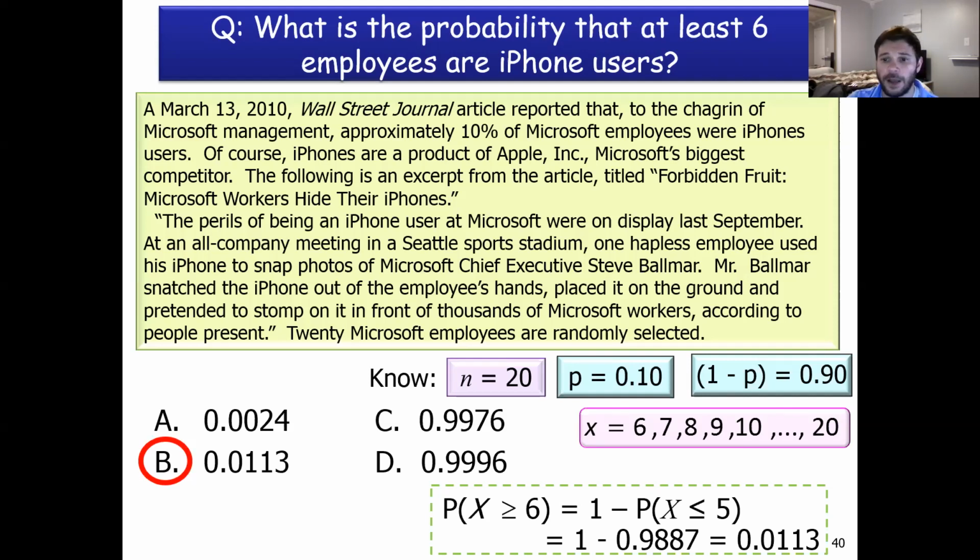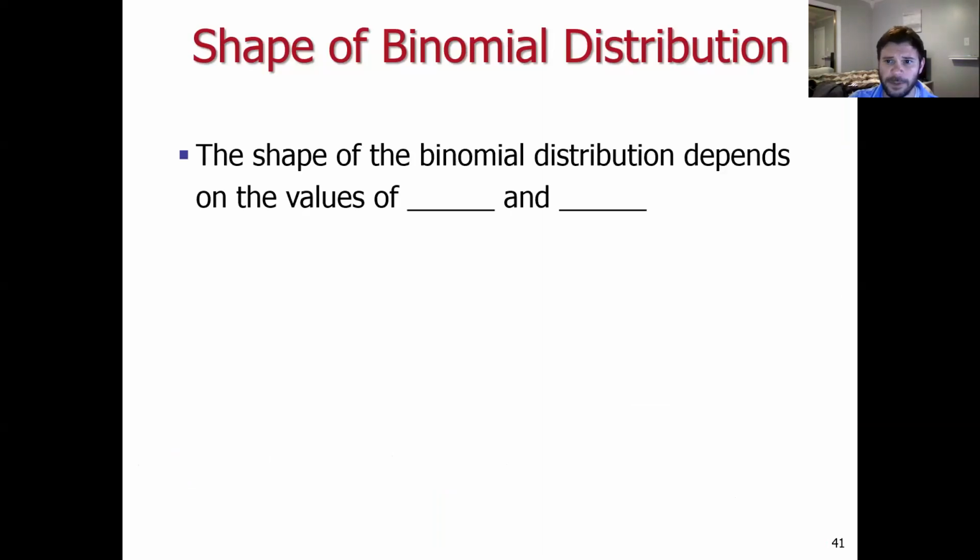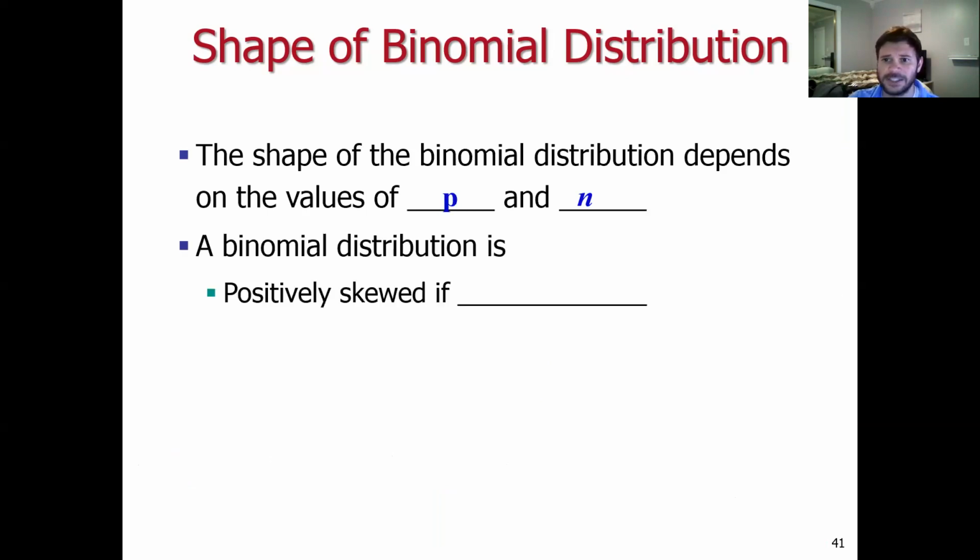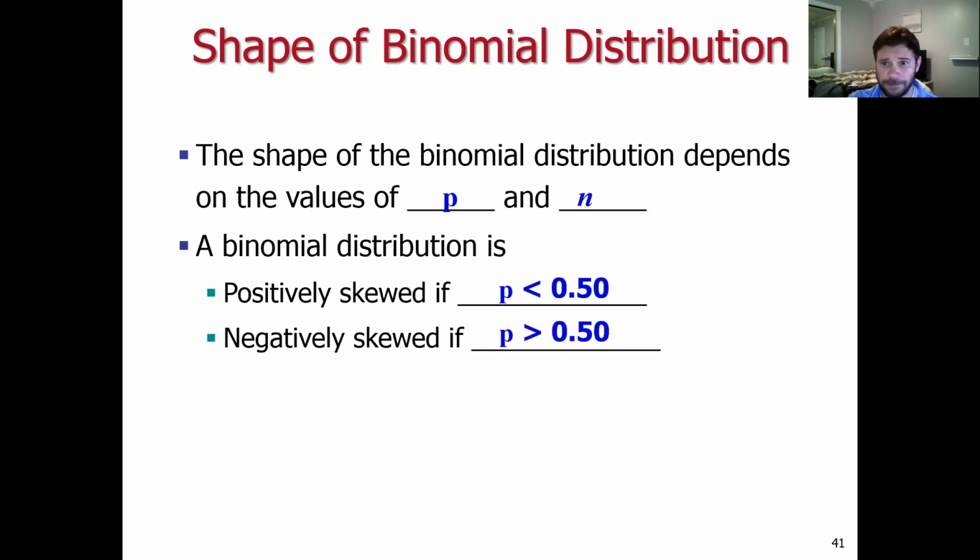Now, before we wrap up, I want to talk just a little bit about the shape of a binomial distribution. The shape of the binomial distribution depends critically on 2 values. The first is the success rate, P, and the second is the sample size, or the number of trials, N. In general, the binomial distribution is going to be positively skewed if the success rate is lower than 50%, and it will be negatively skewed if the success rate is greater than 50%.